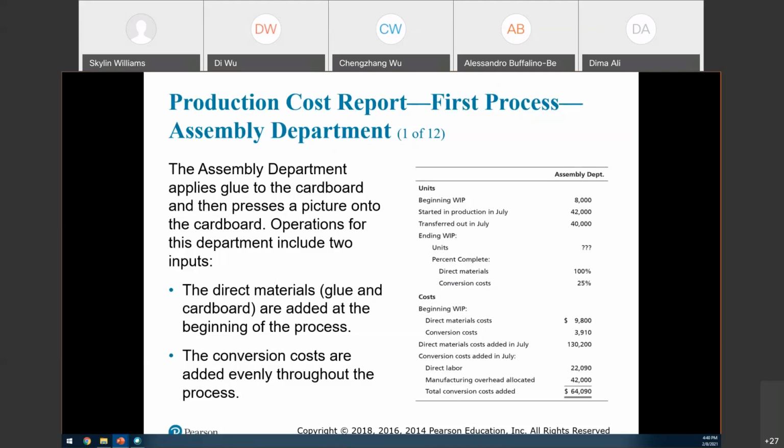And secondly, the assembly department's conversion costs are added evenly through the process. Well, here is an important point, as you can see in the description. Direct materials are added right at the beginning of the process, while conversion costs are added evenly throughout the process.